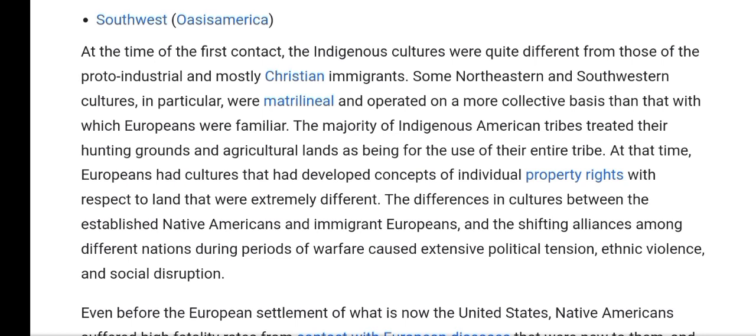The difference in cultures between the established Native Americans and the European immigrants, and the shifting alliances among different nations during periods of warfare, caused extensive political tension, ethnic violence, and social disruption.